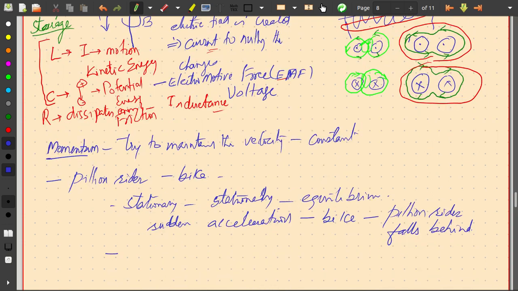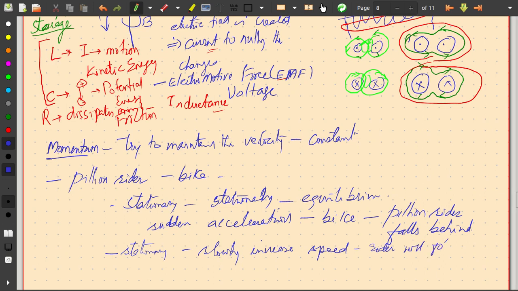So another situation, let the bike be stationary and slowly increase its speed. So that means the pillion rider has got sufficient time to get an increased momentum and hence the rider will follow the bike. So he can just move with the bike with no problem.